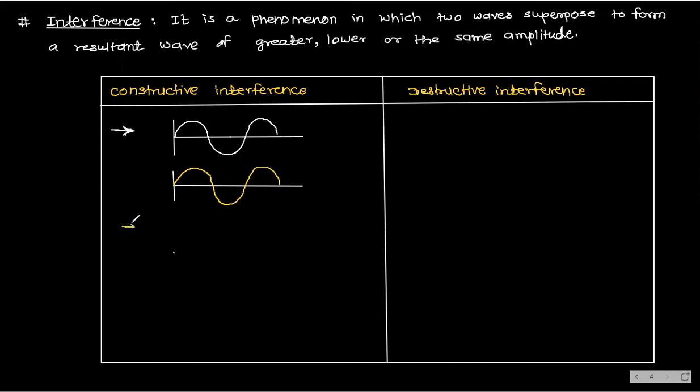Now, if you see the diagram, crest or trough line up together, so what is the result of this?